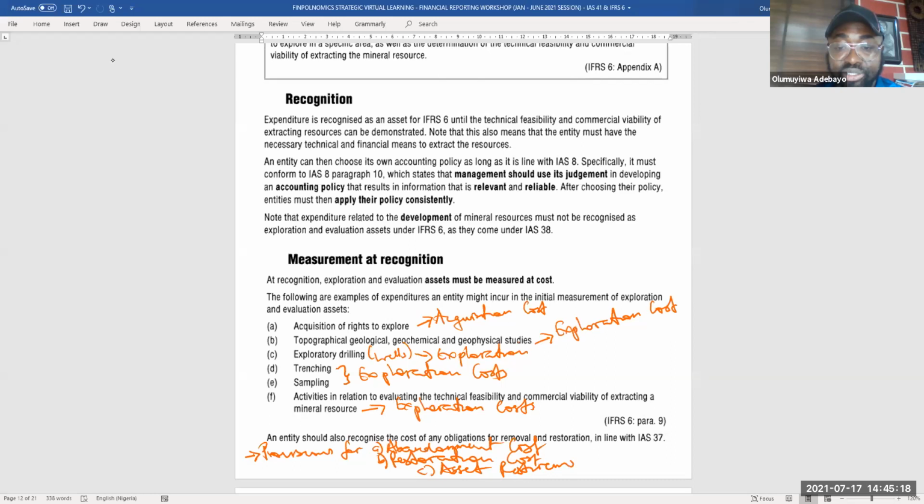These are just interchangeable nomenclature, but all of them relate to the cost of either removing, restoring, or retiring an asset. And this will be recognized in line with IAS 37 in making a best estimate towards a future cost that is onerous on you as an entity to incur in relation to extraction of mineral resources from the ground.